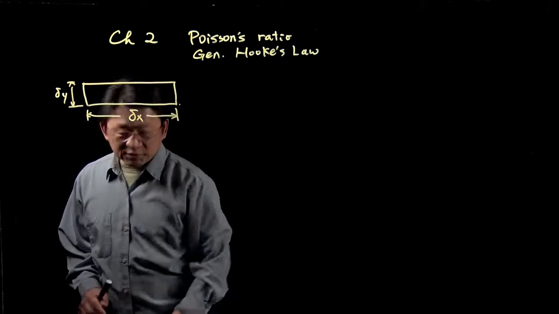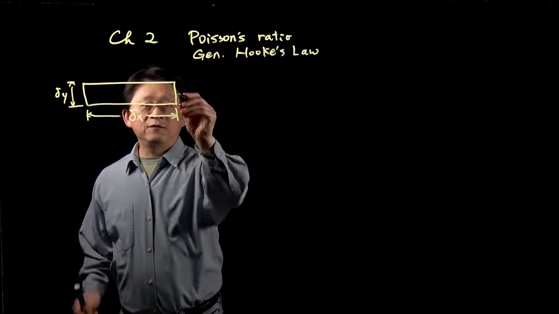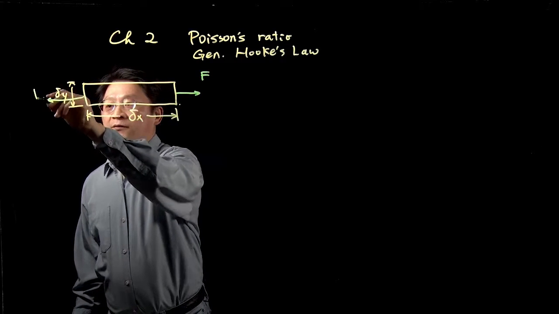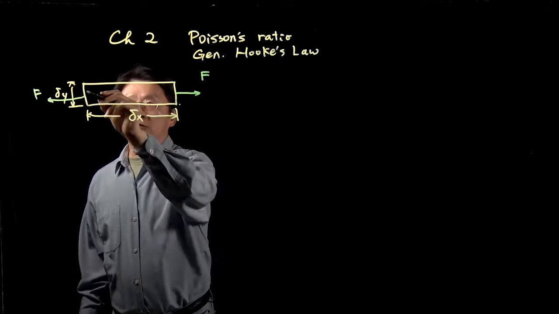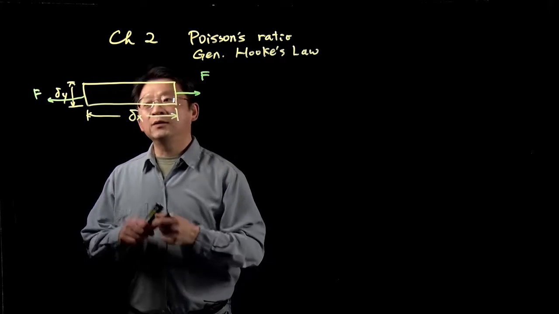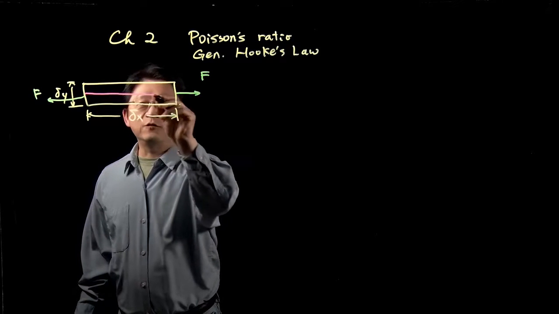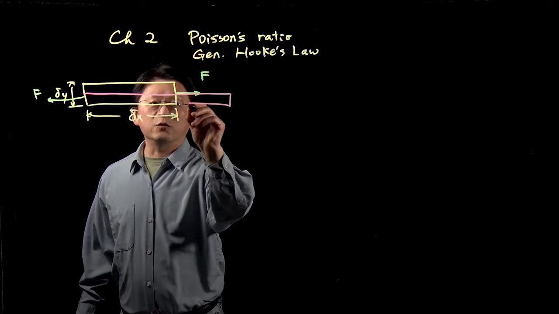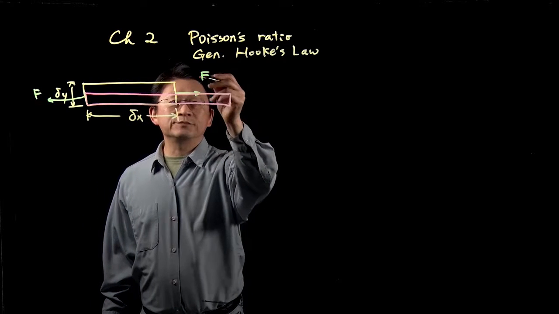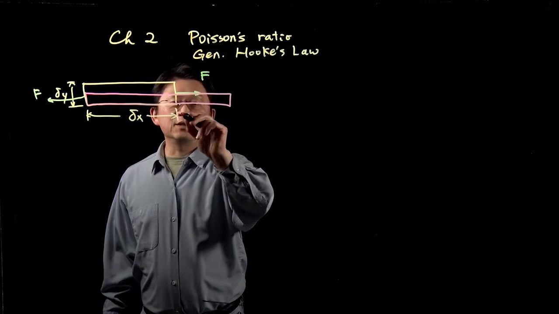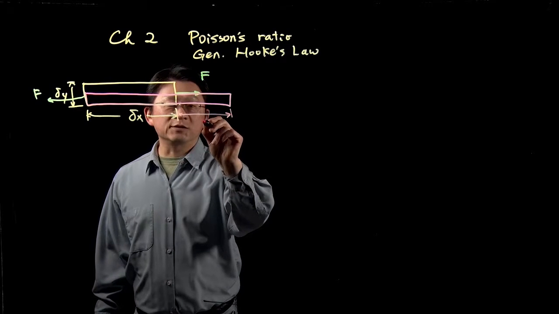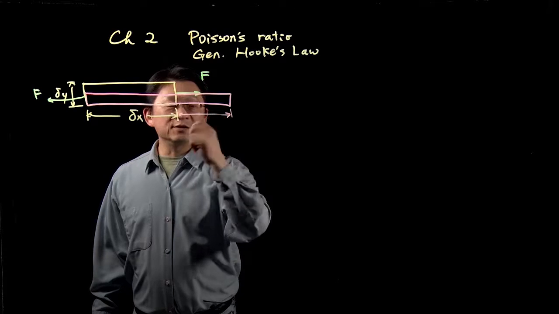When this is under loading, for example, applied in the x direction, this model is going to deform. Let me overlap the deformed model to the original undeformed one using the pink one. Here I do this schematic drawing, and this one I exaggerate. This is the stretching.